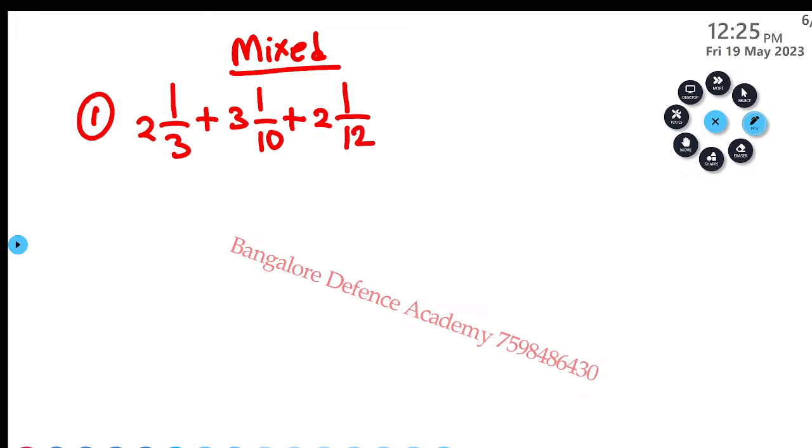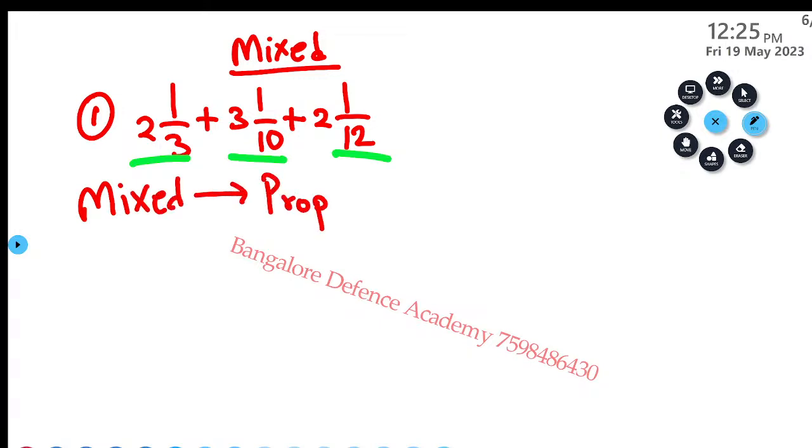If I give you like this, you have to convert the mixed fractions into proper fractions first. Now how to convert that? Without doing this you cannot proceed with this question.